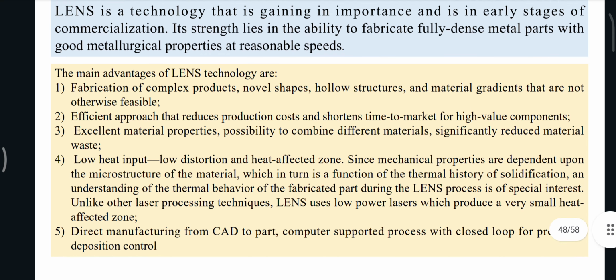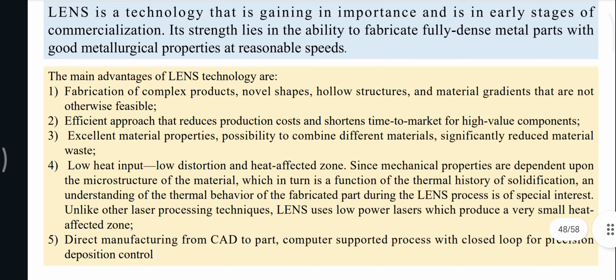The main advantages of LENS are fabrication of complex products, novel shapes, hollow structures, and material gradients that are not otherwise feasible. It is an efficient approach that reduces production cost and shortens time to market for high-value components.